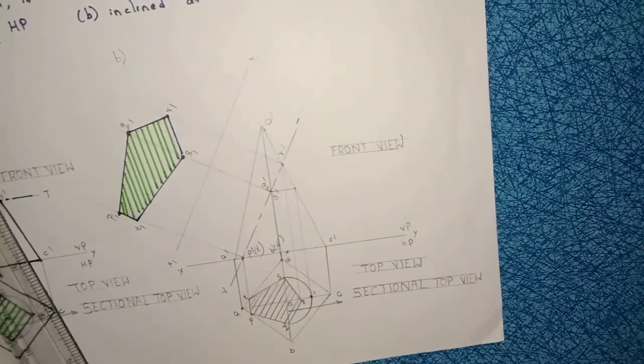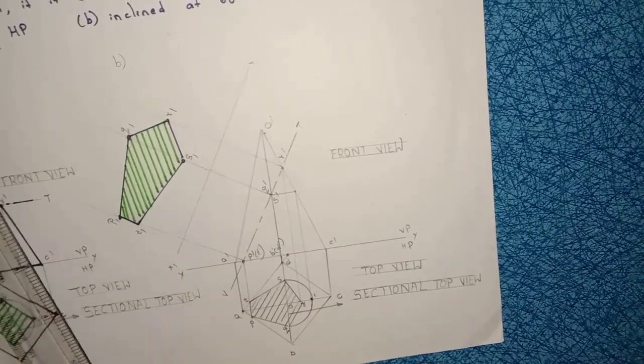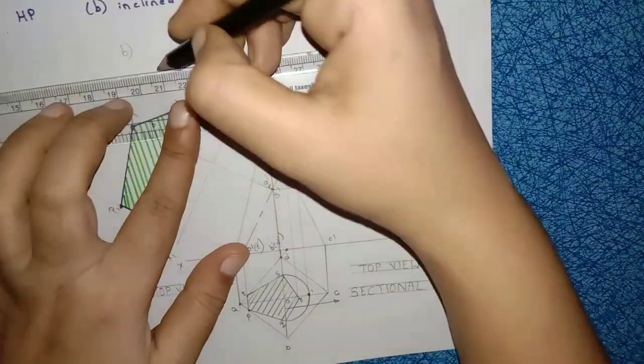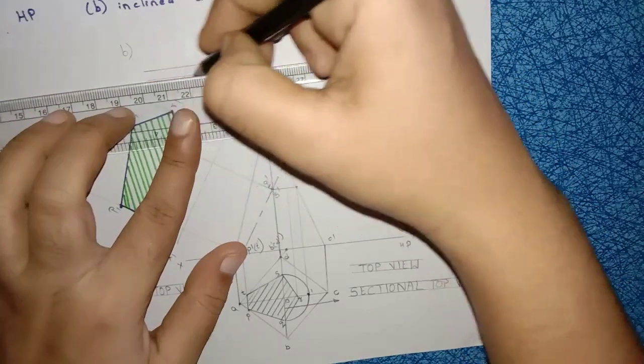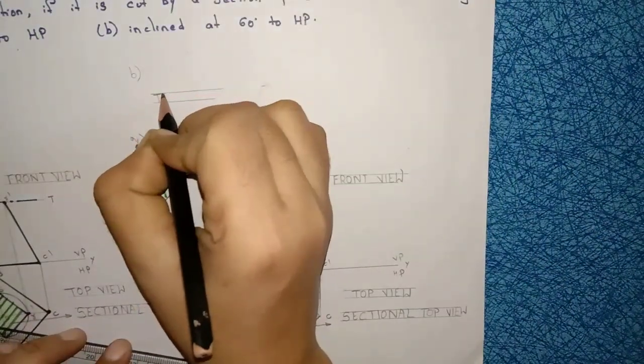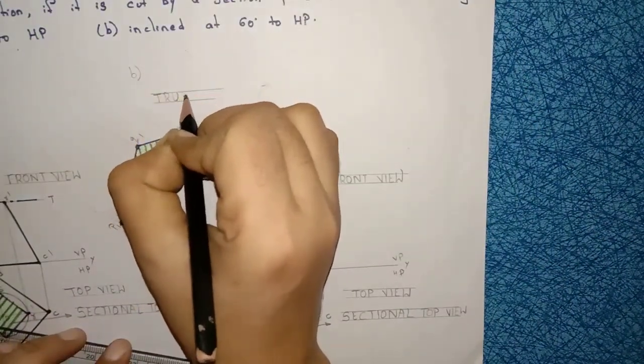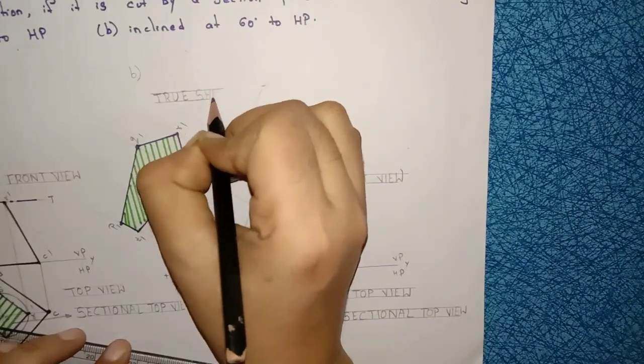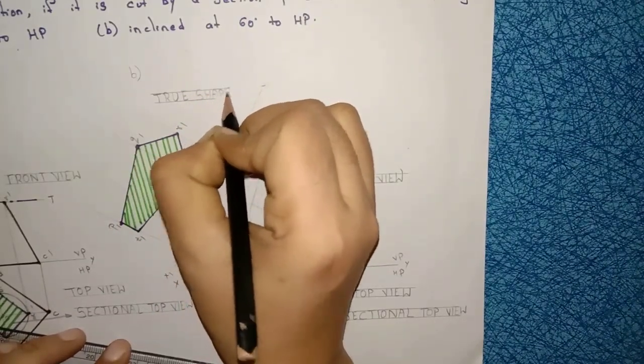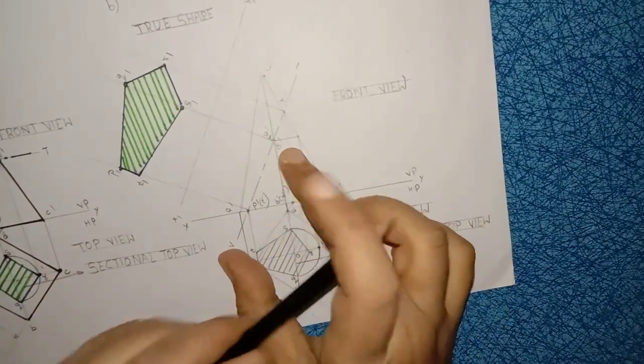Right, so this is your true shape. Take height 5 mm and write down here this is your true shape. Now after completion of your diagram, you see here this is your sectional plane.